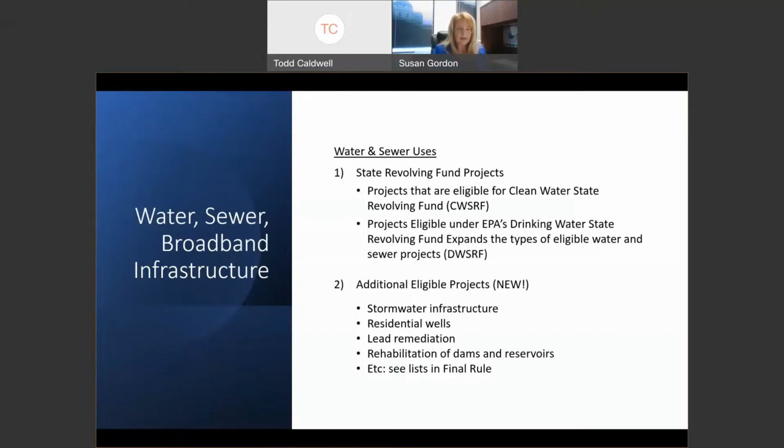So there's a lot of additional eligible projects, and you'll want to go to the final rule and take a look at those lists. But some of them that might be most interesting would be the stormwater infrastructure, residential wells, lead remediation, rehabilitation of dams and reservoirs, and various others on there. So if those are of interest to your city or town or needs of your city or town, then you might want to go ahead and take a look at those.